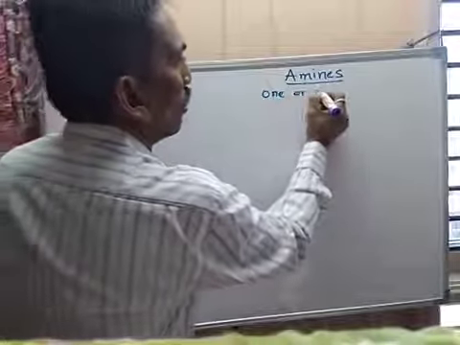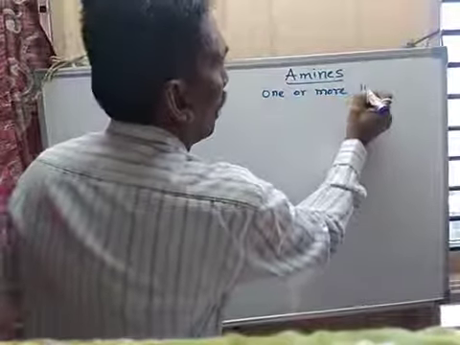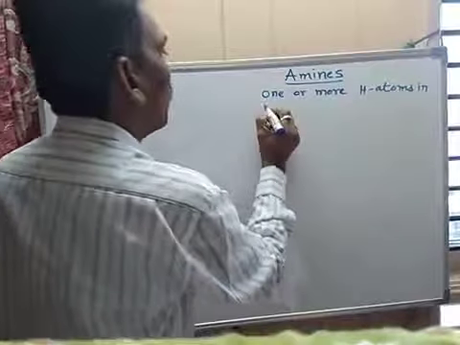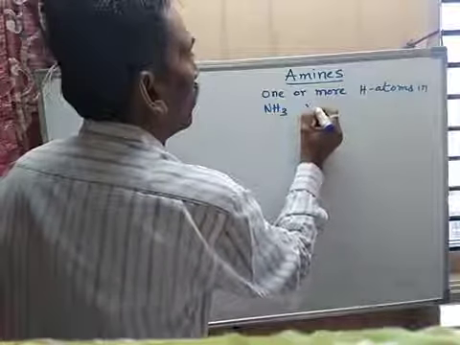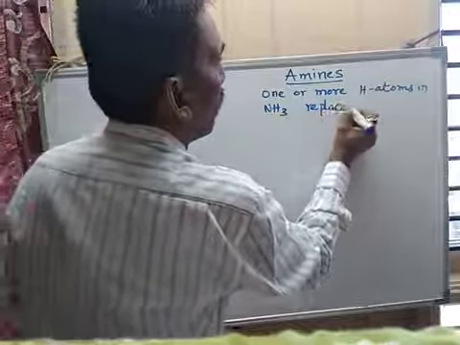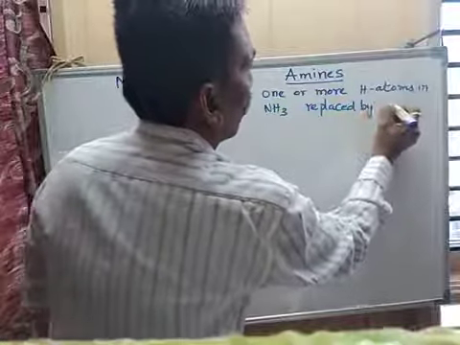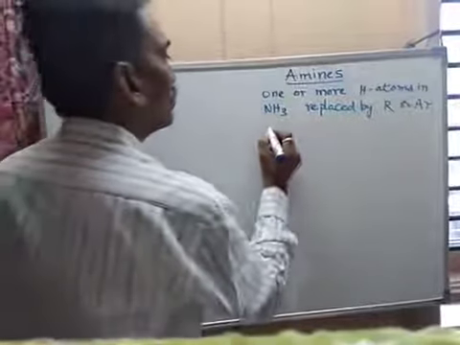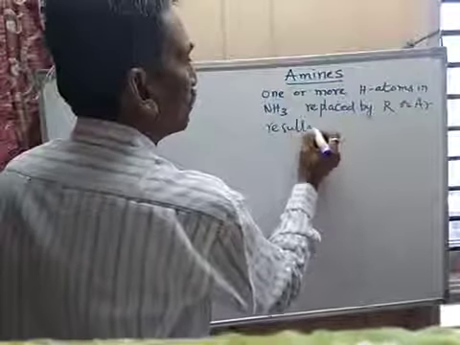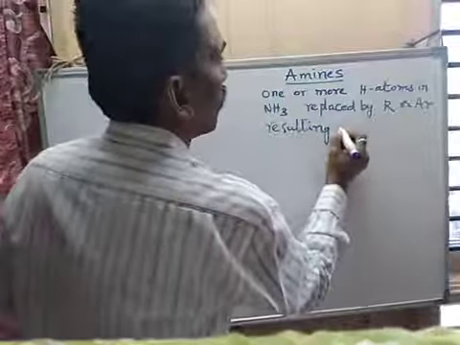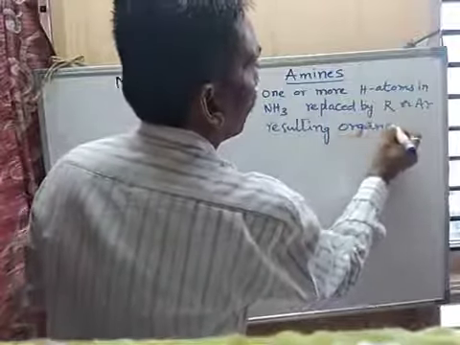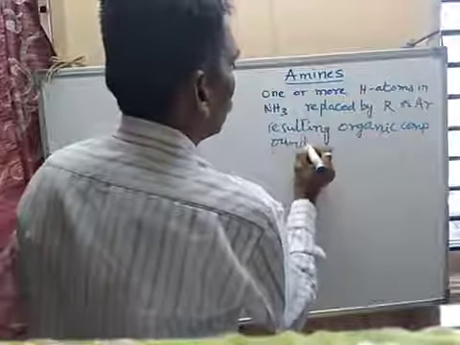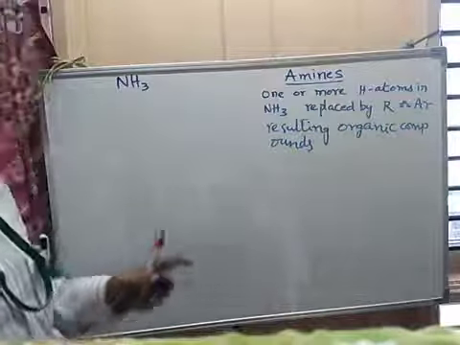If one or more hydrogen atoms in ammonia are replaced by alkyl group or aryl group, then the resulting organic compounds are called amines. This is the class.